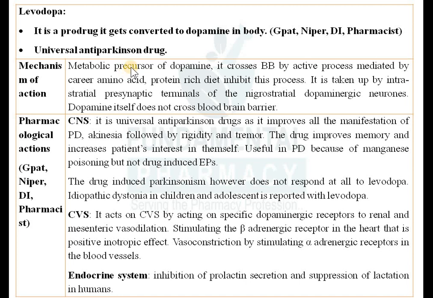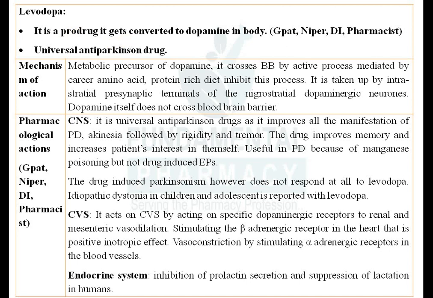It will go in the brain, and after getting entry into the brain, levodopa will be metabolized into dopamine. Now this is how levodopa can increase the dopamine level in the brain. So it gets converted into dopamine in the body, right? So it is a universal anti-Parkinson drug. Remember, it is a universal anti-Parkinson drug.